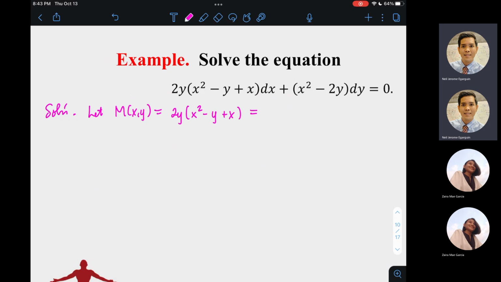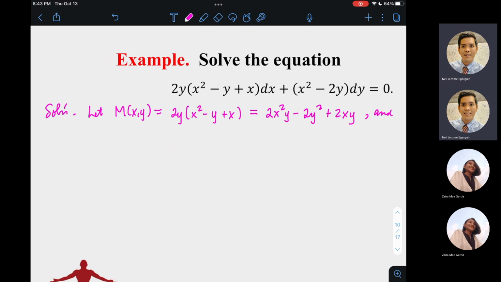But perhaps it would be better to have an expanded form. Baka kasi mamaya magpa-partial derivative ako. Mas madali kapag naka-expand na sila kaysa magpa-product rule pa ako mamaya. So I'll write it as 2x squared y minus 2y squared plus 2xy. Right? Pa-double check na lang ng aking algebra.